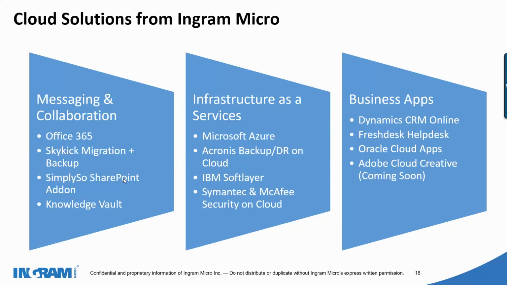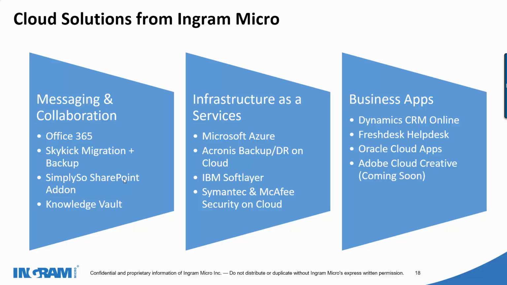We strongly recommend you build an entire portfolio of cloud solutions once you start positioning Office 365 and Azure. And this is where Ingram Micro comes in. We provide you a whole suite of applications and solutions on cloud in various categories like messaging, collaboration, infrastructure services, and business apps.